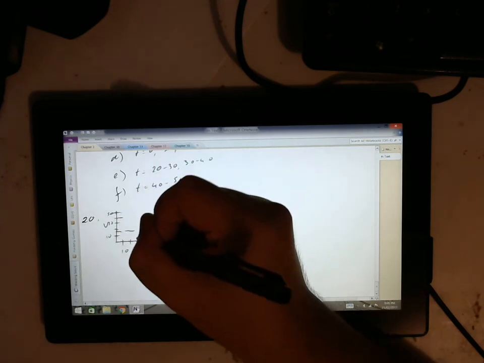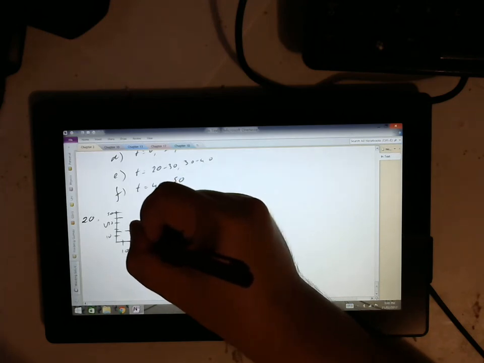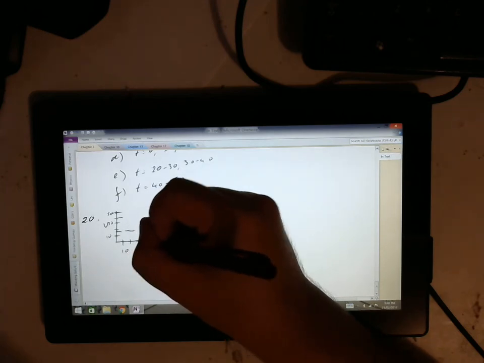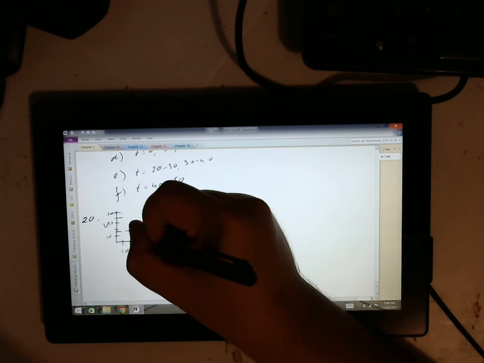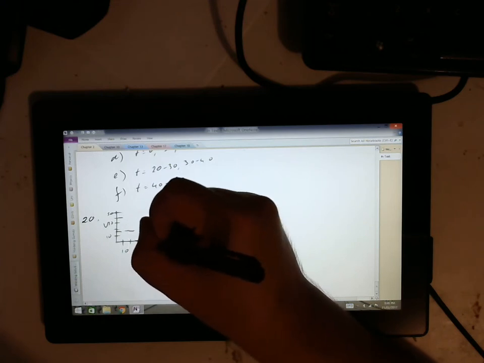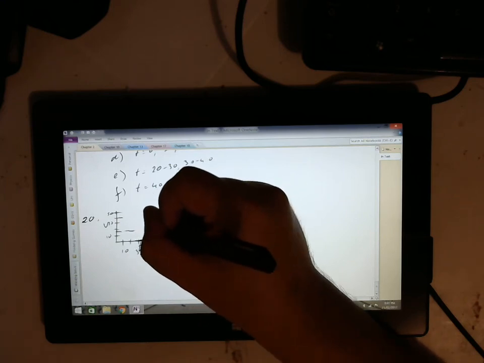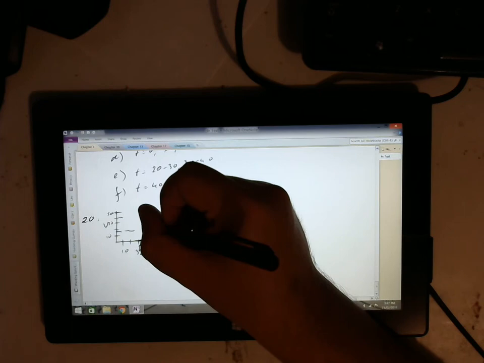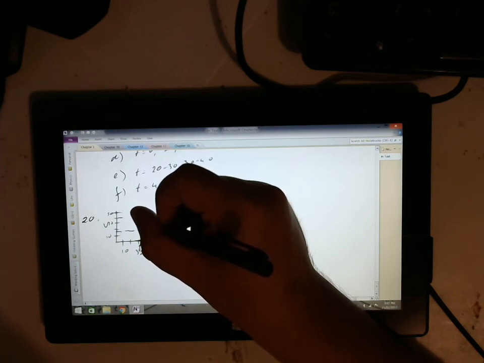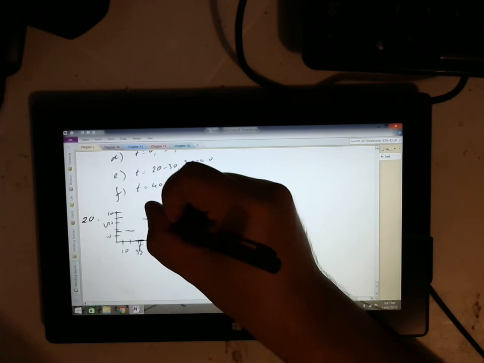It does another 10 minutes at that, which would have been 25 to 35. Then a 10-minute rest, and then it did 34 kilometers an hour up here, about the 4 thing.